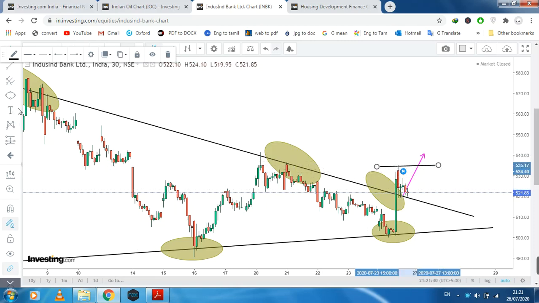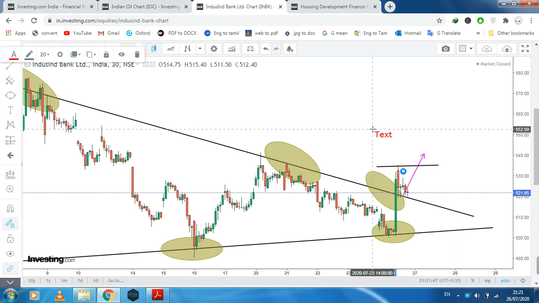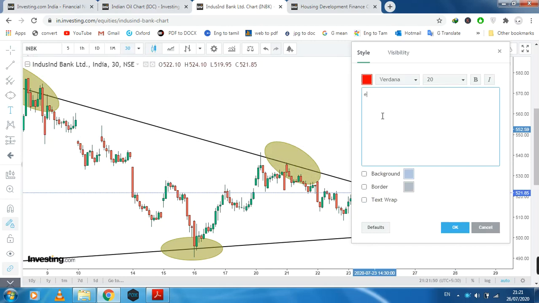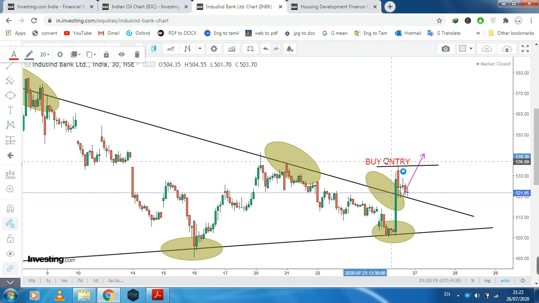This is the entry, so I need to mark the entry. Buy entry.